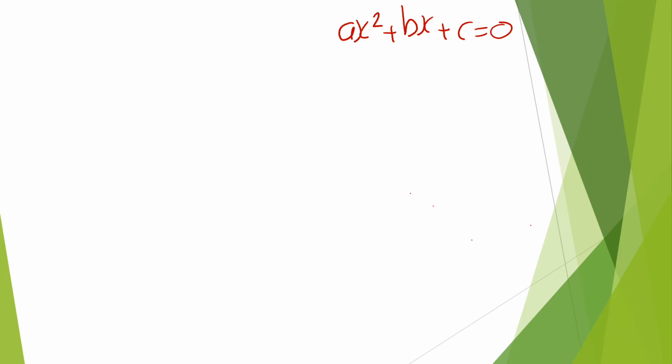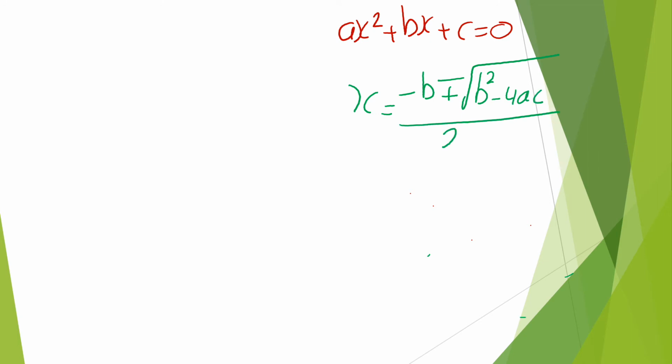It must be equal to 0, where the coefficient of x squared is a, the coefficient of x is b, and the constant by itself is c. So the quadratic formula is x equals negative b plus or minus the square root of b squared minus 4ac, over 2a. Okay, so you just plug in the coefficients.